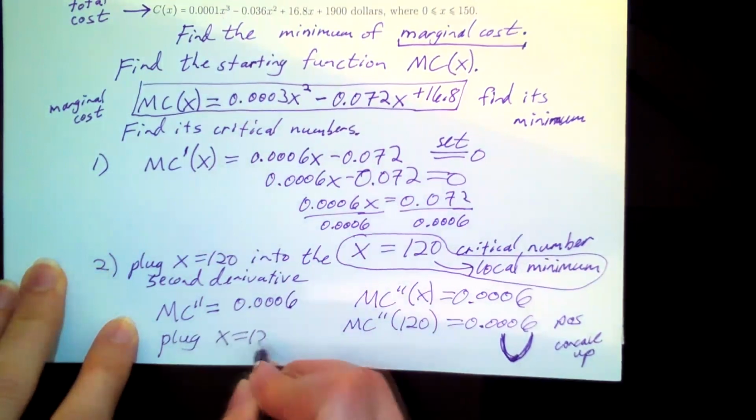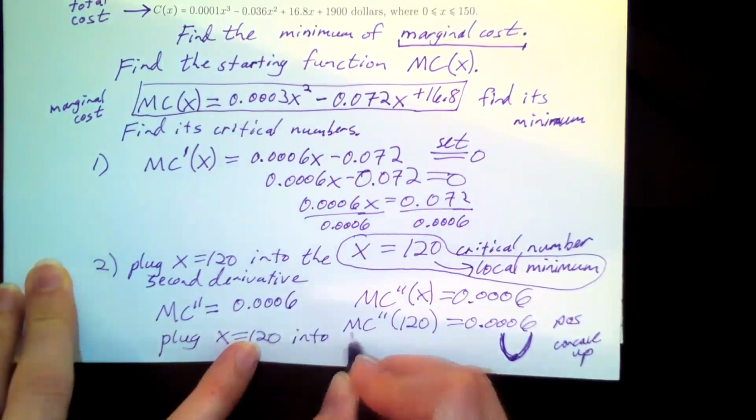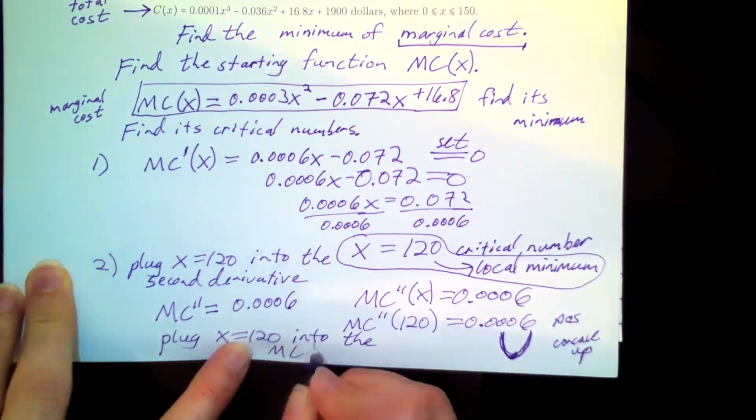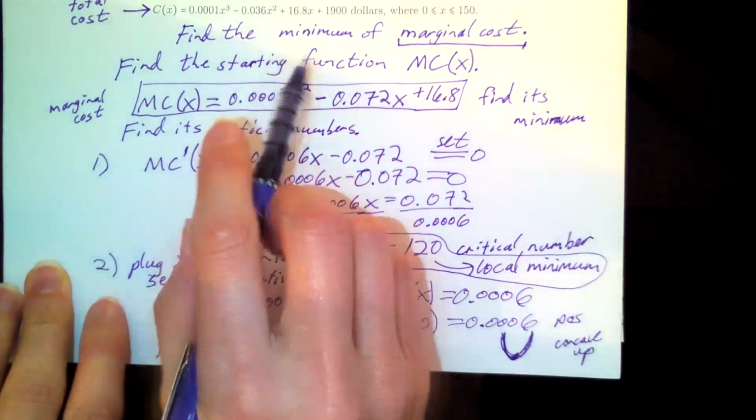So I'm going to plug x equal 120 into the marginal cost function, which is up here.